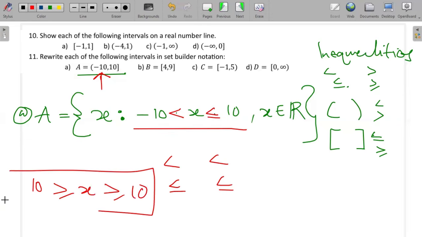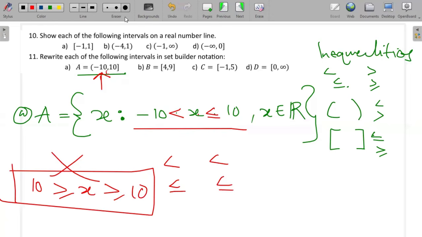This one is very wrong, it does not exist. These signs should always open to your right side. So this simply means that x is between minus 10 and 10 inclusive. The 10 is there, but the minus 10 is not, according to the interval.